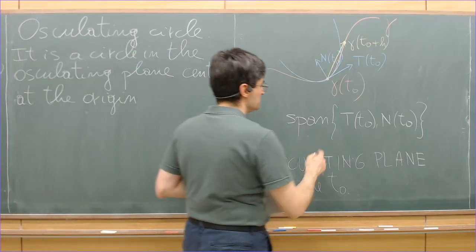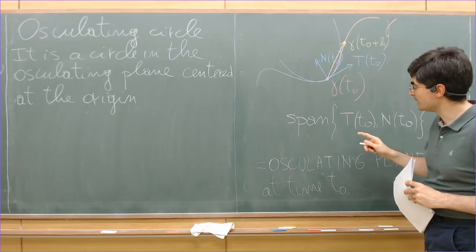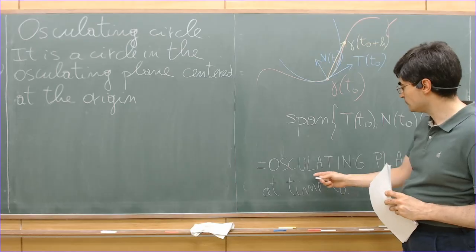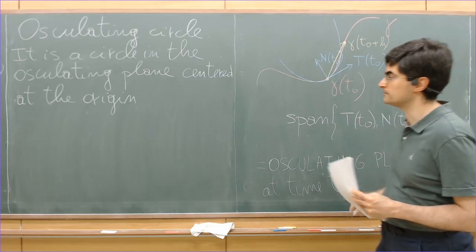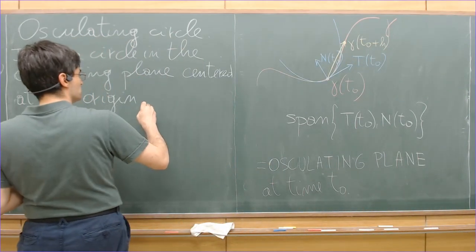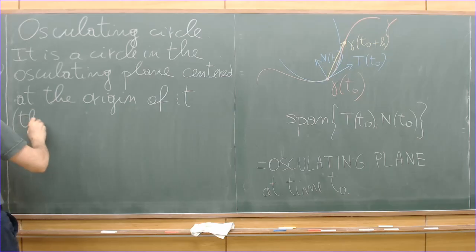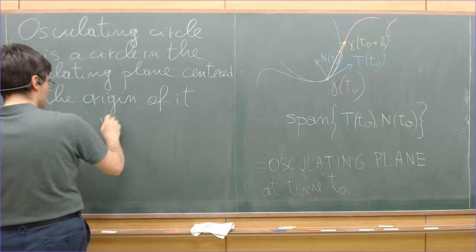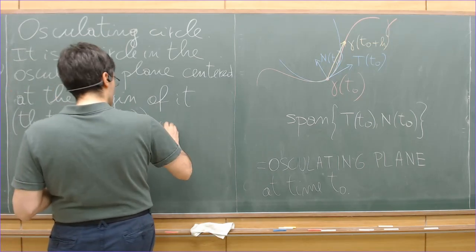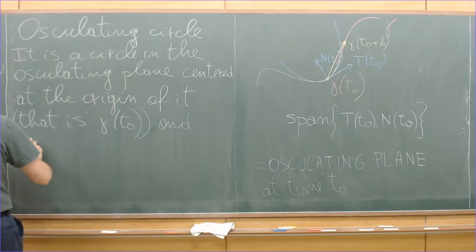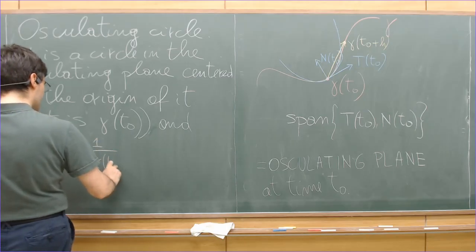That means the point gamma t0. Why? Because the origin of the osculating plane is the tail of these two vectors. And the radius one over k at t0.